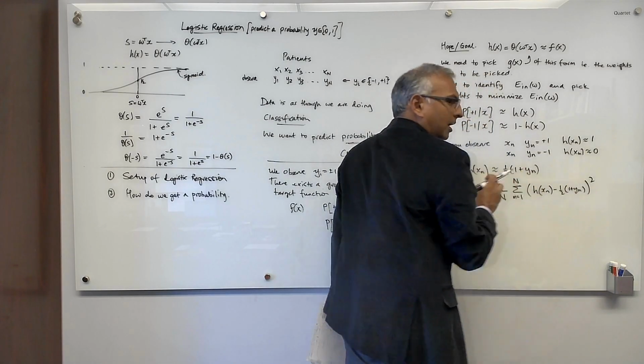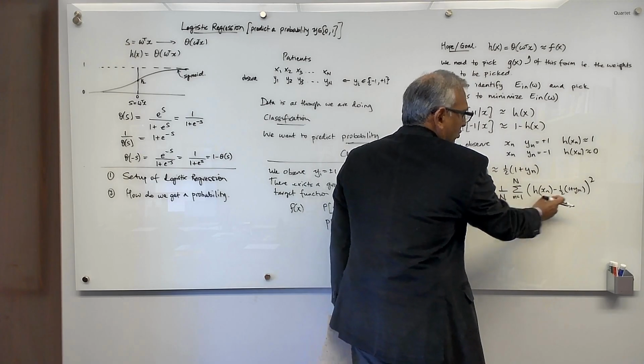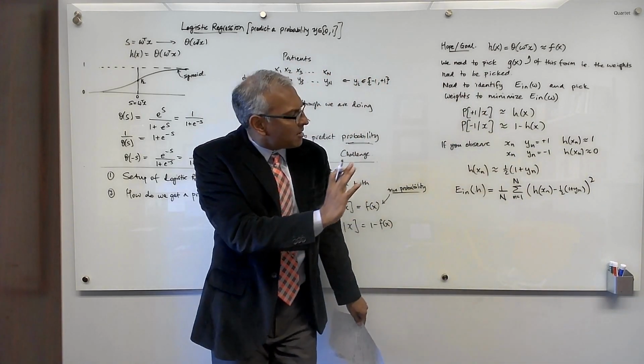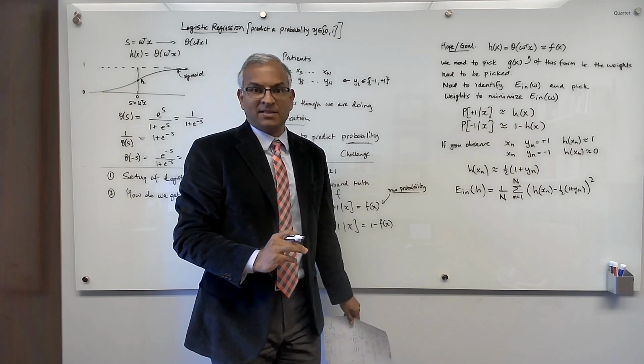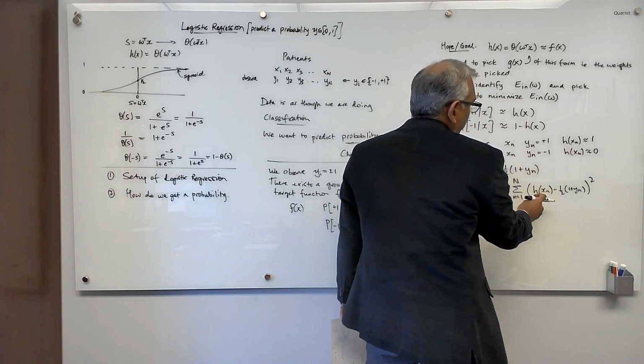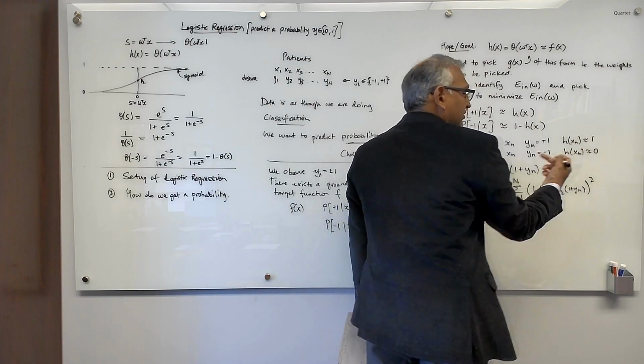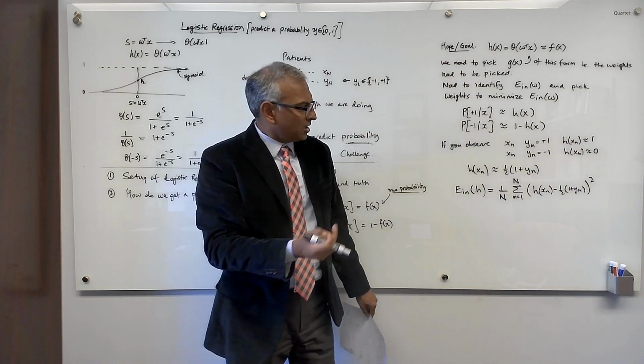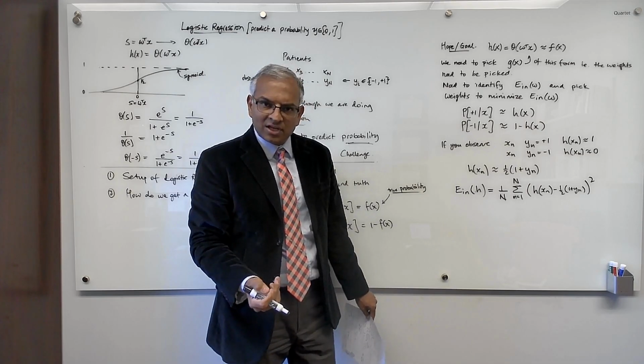We're constructing the squared error so that h of xn is approximately equal to 1/2 times 1 plus yn. And that's a perfectly fine error to minimize. What it'll do is ask h to be approximately 1 when you observe positive data points, and h to be approximately 0 when you observe negative data points.